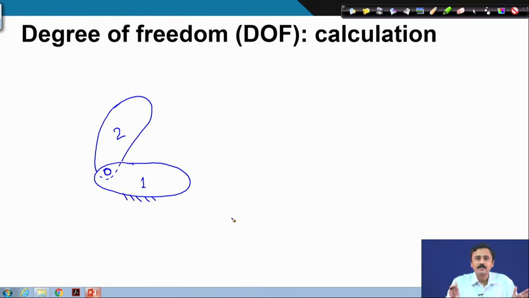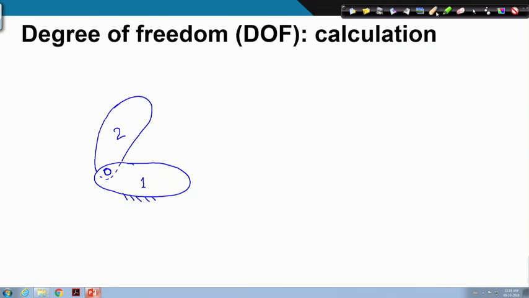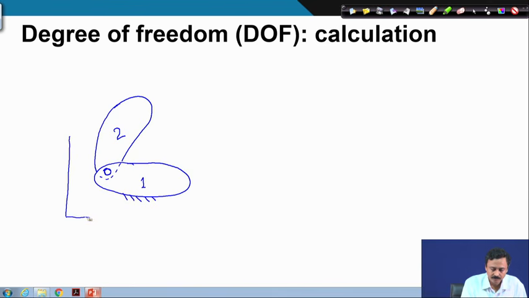If I now ask this question, what is the degree of freedom of this system? How many coordinates will be required to fix the configuration of this chain? There are two rigid bodies. Now, two rigid bodies, again this is of course in a plane. We are discussing the planar case first. There are two rigid bodies, therefore, there should be 2 into 3, because each rigid body has 3 degrees of freedom. So, 2 into 3 is 6 degrees of freedom, but one of the rigid bodies is already fixed.